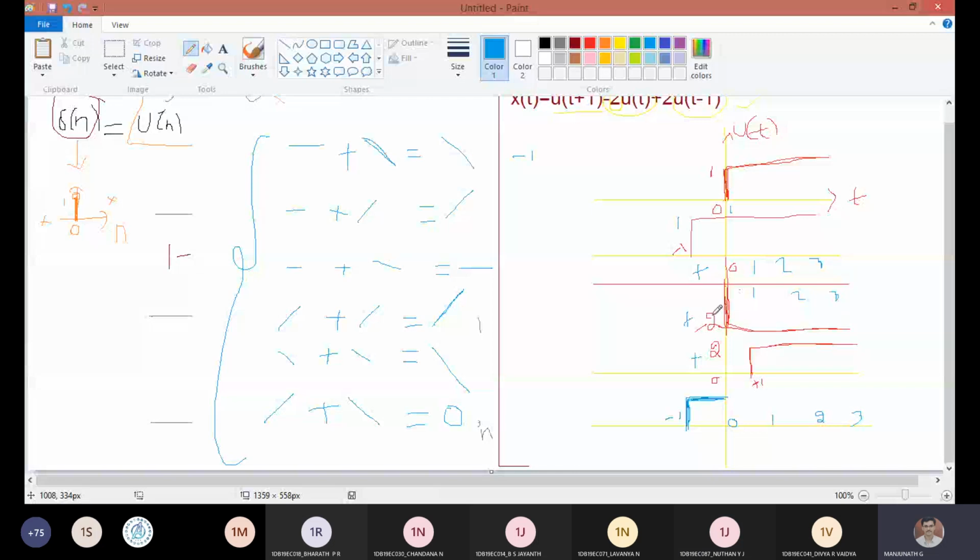So it means I should take this addition with minus 2. Is it clear to everyone? I am doing it at 0. At 0, the first one has an amplitude of 1 and it is a constant signal. The second one is a dipping signal like this with amplitude of minus 2.